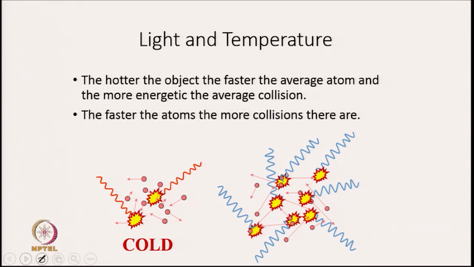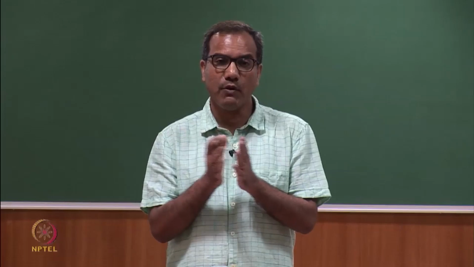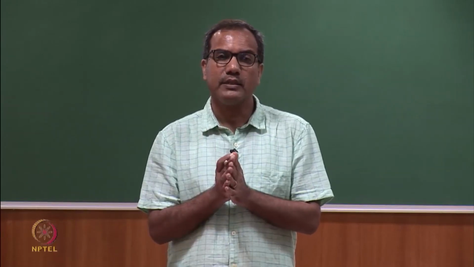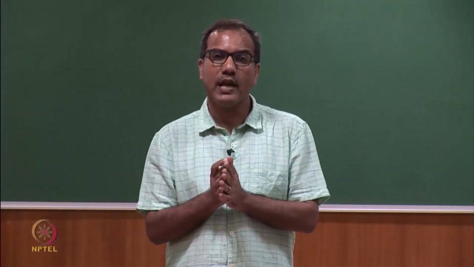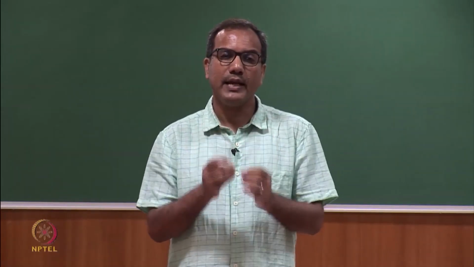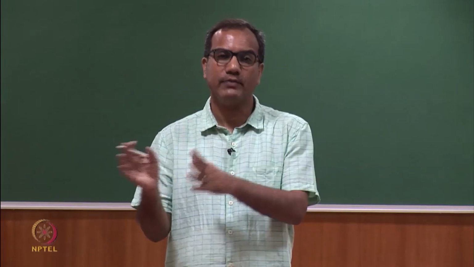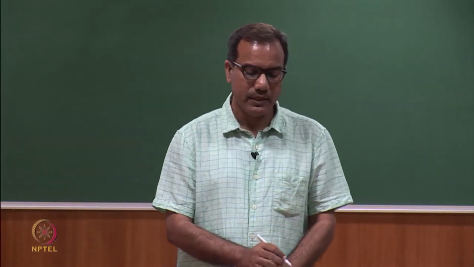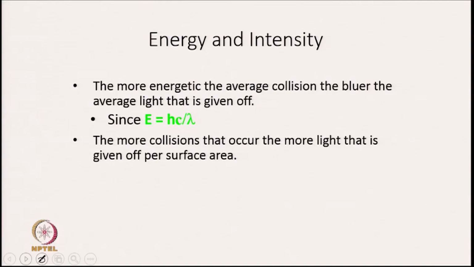So, as you increase the temperature, the motion of atoms increases, there are more collisions, and the light emitted is of higher frequency. The more energetic the average collision is, the bluer the average light that is given off, since E is equal to hc by lambda.